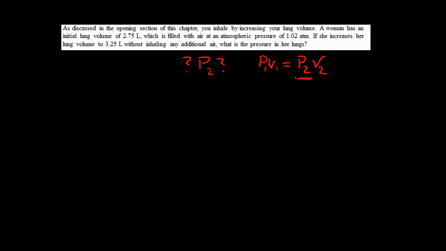So what I'm going to do is go ahead and just do some algebra to get P2 by itself, which is what I'm trying to find. So this tells me that P2 is equal to P1 times V1 over V2.